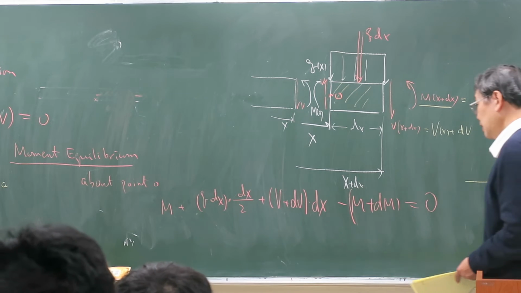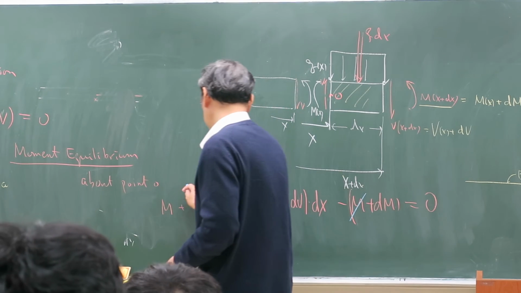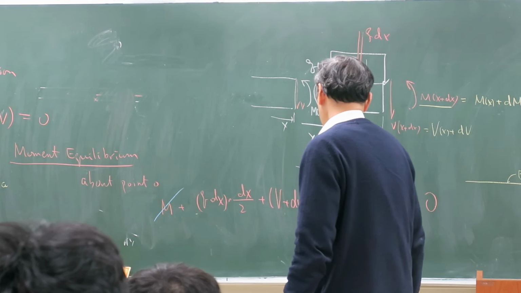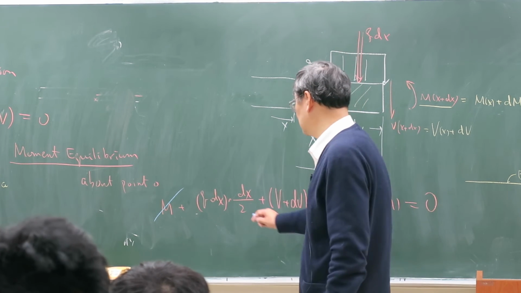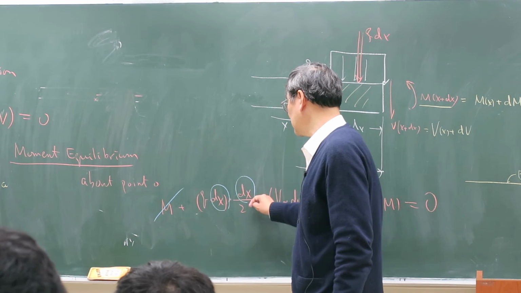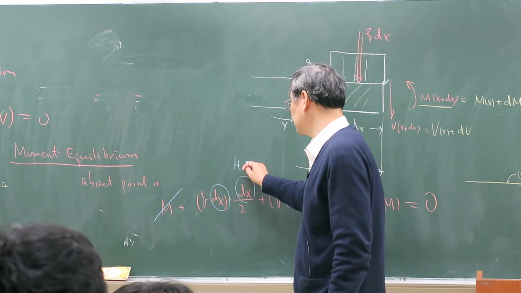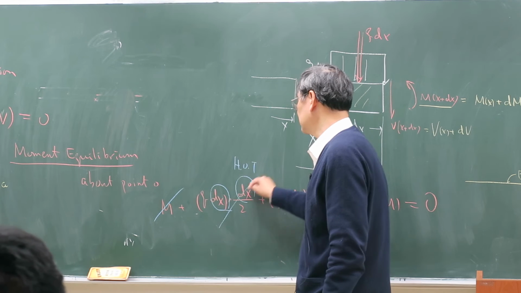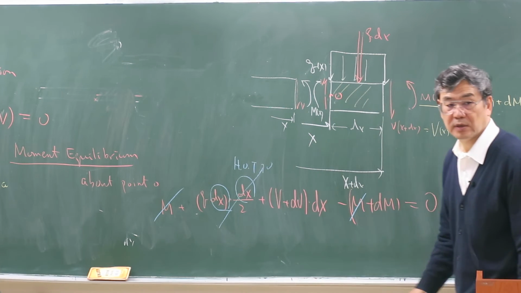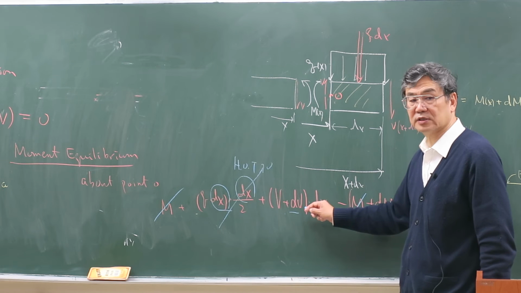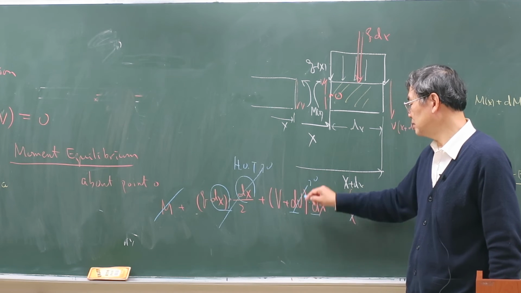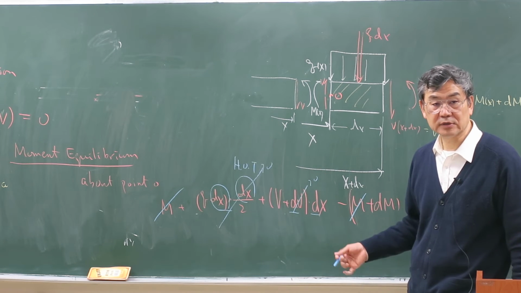So you can see m cancel each other, right? And here dx squared is a high order term, too small, 0. And also dv times dx is a high order term, dropping to 0.